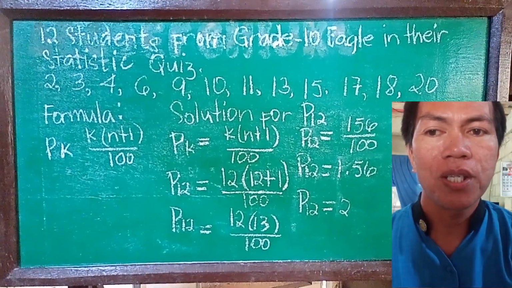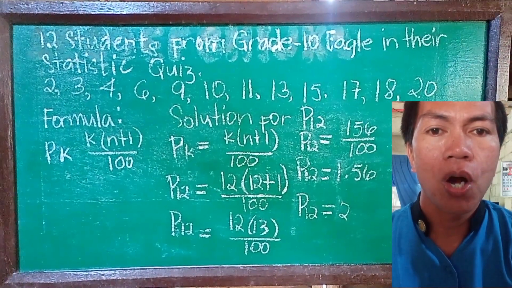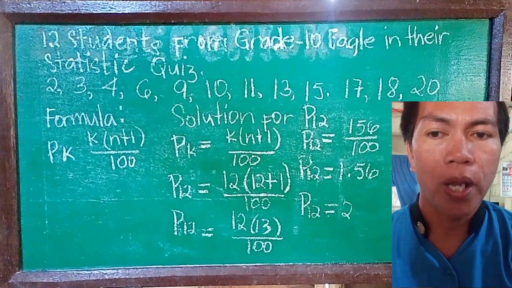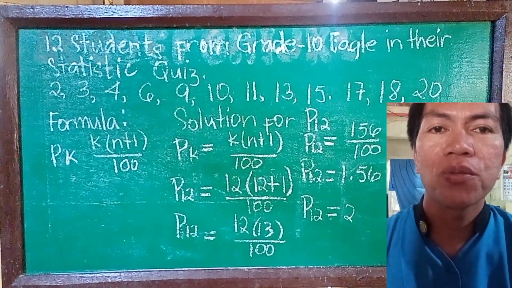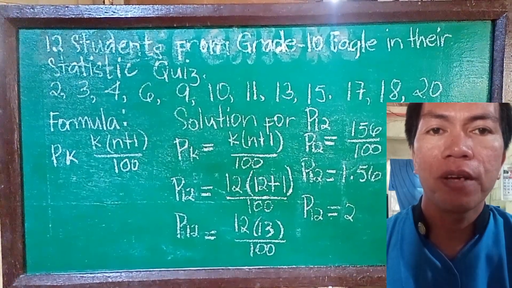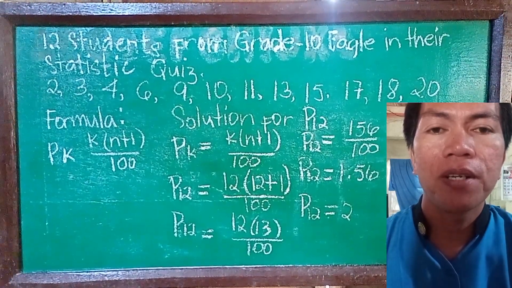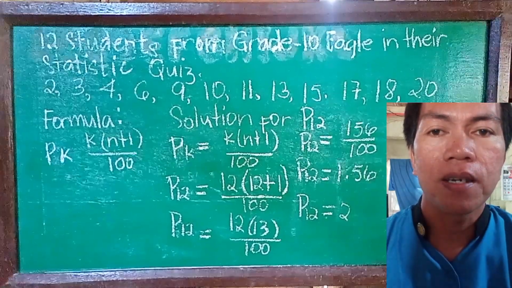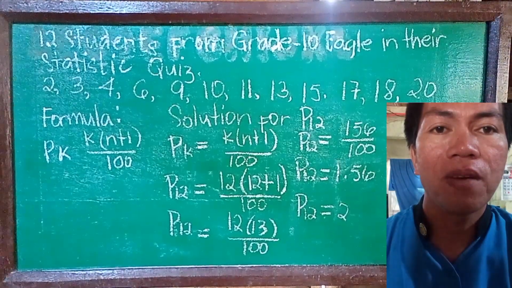Now, by substituting the value of k, which is 12 because we are looking for the location of the percentile 12, we have P sub 12 equals 12 times the quantity of 12 plus 1 all over 100, or divided by 100. And 12 is already given from our data, the 12 students who took up their statistics quiz. Now, after this, we will be simplifying the equation.